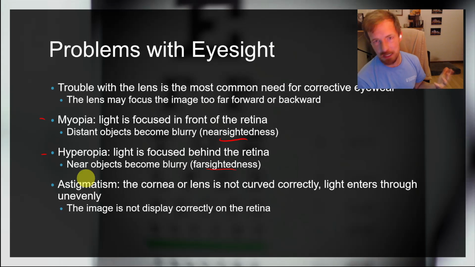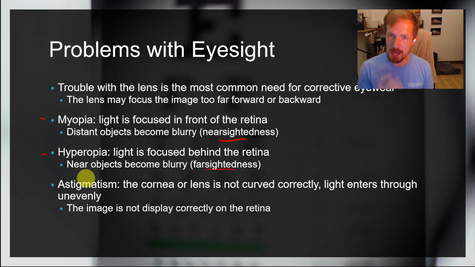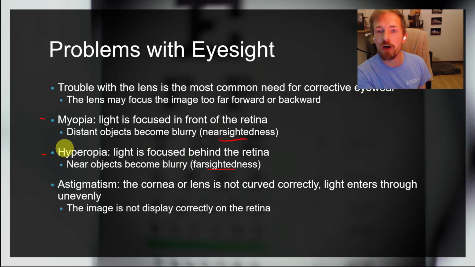What is with astigmatism being so much more expensive? The reason why is because astigmatism makes your eye unique. Generally with myopia or hyperopia, you can get a prescription, and that prescription is like, you want to have plus 0.5 refractive power to this lens, and you want to have 0.25 in the other lens or whatever.